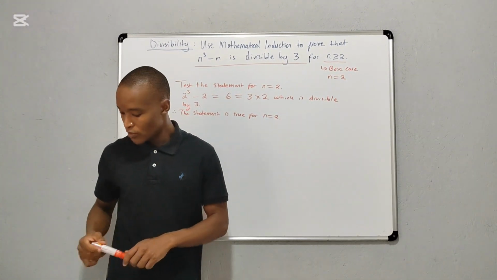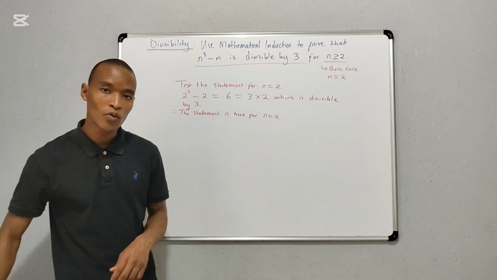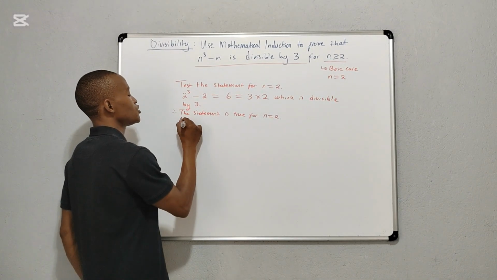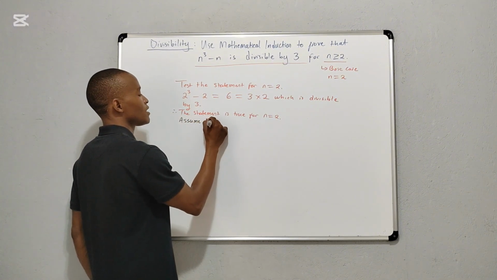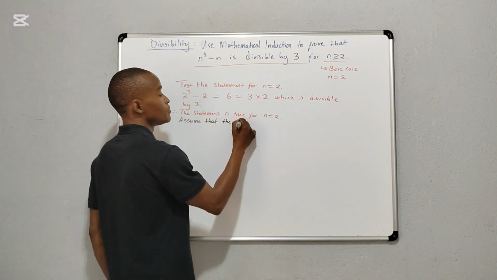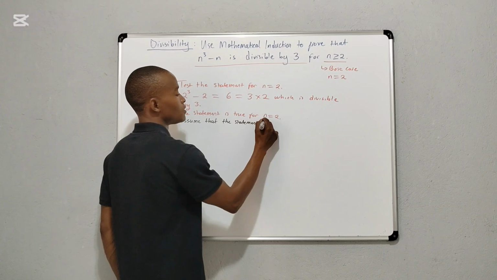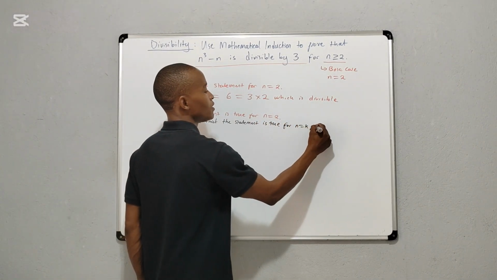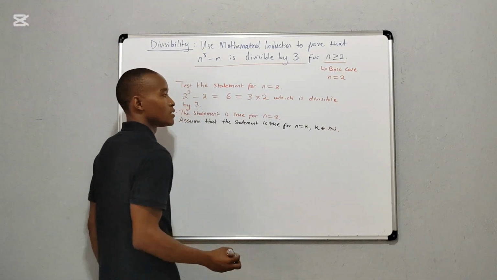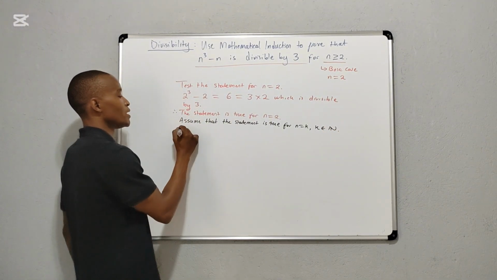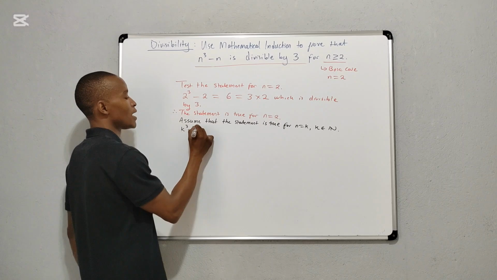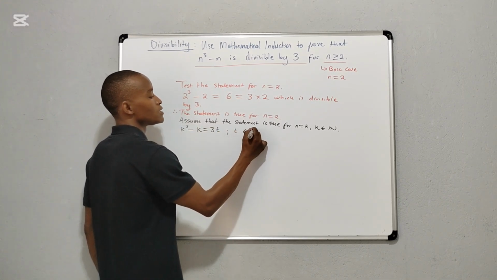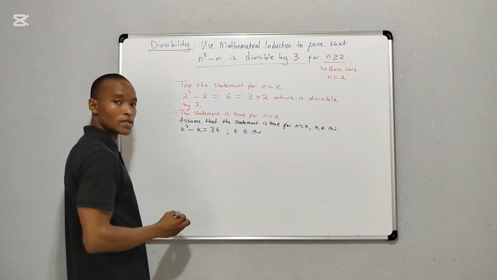We're going now to the assumption step where we talk about the inductive hypothesis. Okay, so we assume that the statement is true for n equal to k, where k is an element of natural numbers. So we mean k cubed minus k is equal to 3 times t, where t is an element of natural numbers.